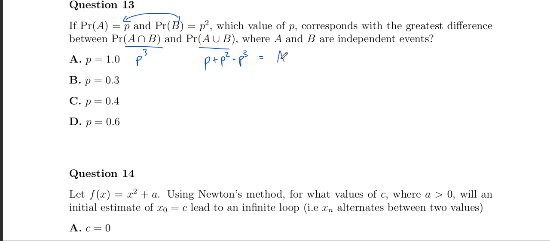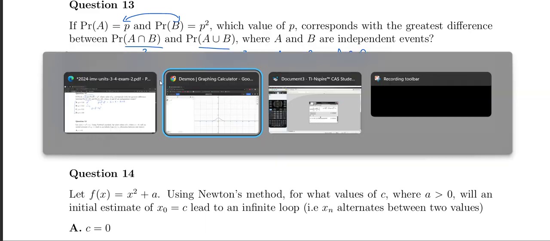If you don't know, the formula is probability of A plus probability of B minus probability of A intersection B. And the difference between these two is going to be this minus that, which is this.